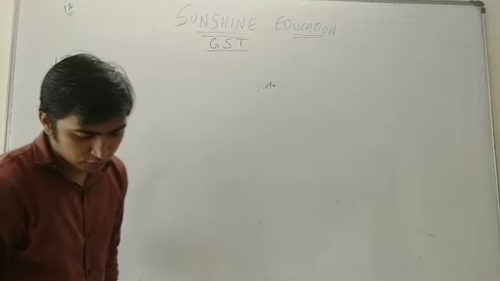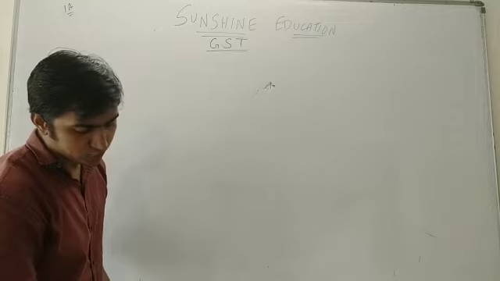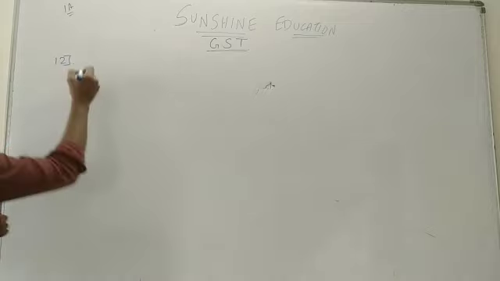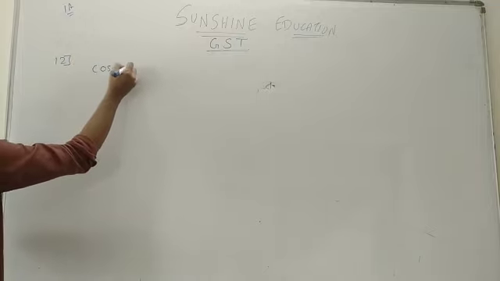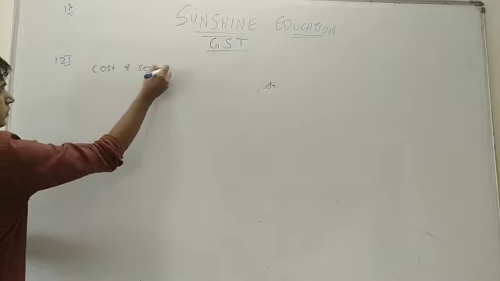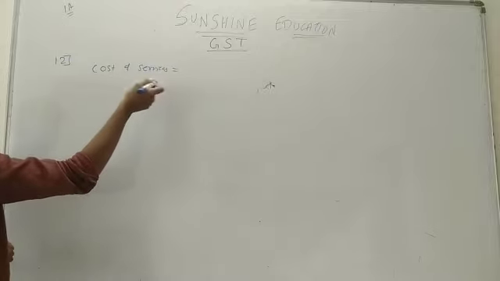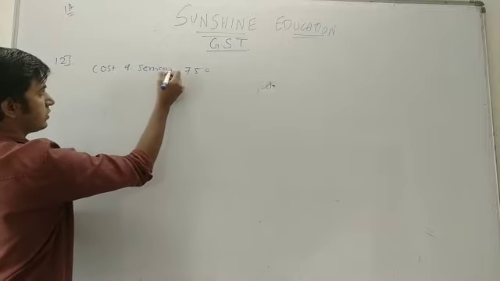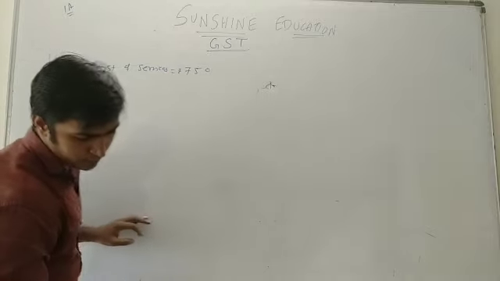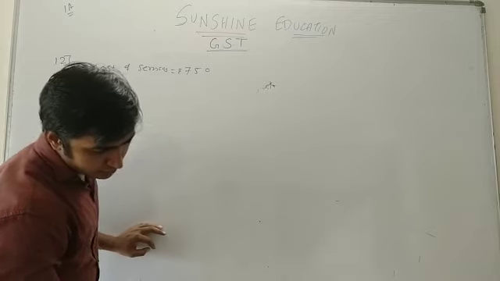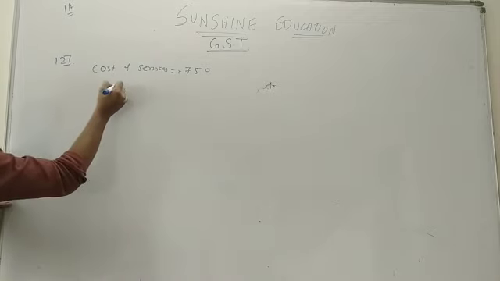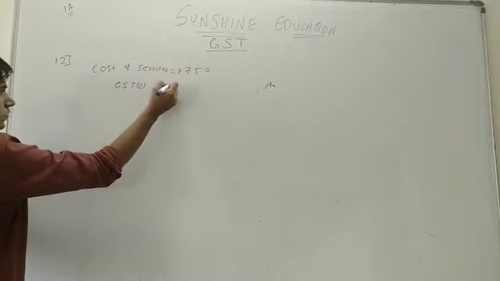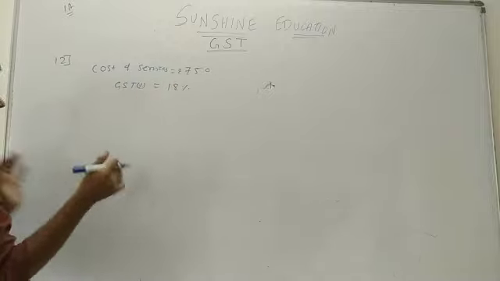The tax invoice of the telecom service in Meerut shows the cost of services provided by it as 750. The cost of services is nothing but what you can call the MRP in the products. The cost of services is 750. Now, the GST rate is 18%, and it is within Meerut.